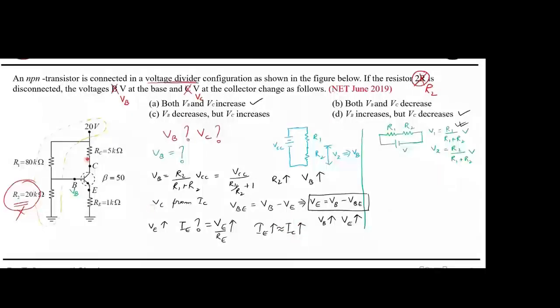Now can you please focus on this circuit? If IC is increasing, that means the drop at this point will be higher or lower, it will increase or decrease? Current flows from higher to lower, right? If more current is flowing, that means the potential here will be lesser.